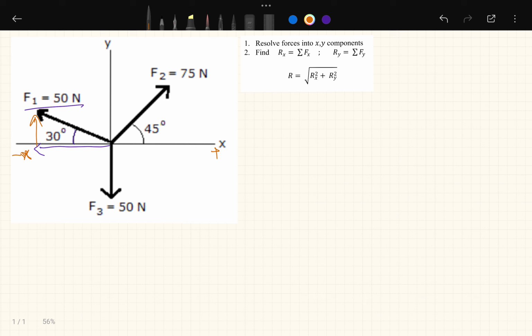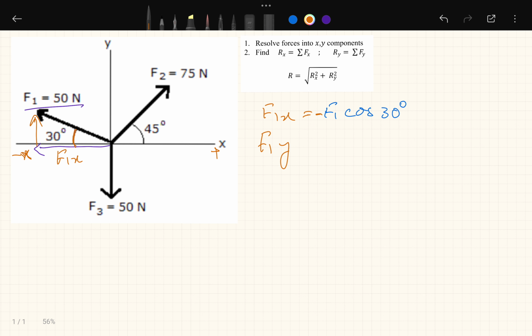In this case, because the x component is adjacent to the angle, to calculate F1x we will use F1 cos of theta, and theta in this case is 30 degrees. Similarly, the second component is F1y, and it is in the positive direction.